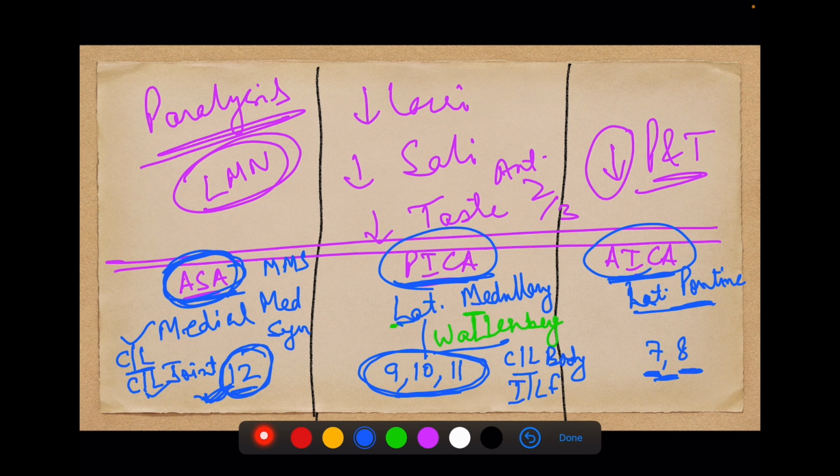In a question there might be 7-8 sentences, but if you get hold of the facial nerve features, like reduced salivation, lacrimation, anterior two-thirds of the tongue, and sensorineural deafness, just focus on anterior inferior cerebellar artery or lateral pontine.